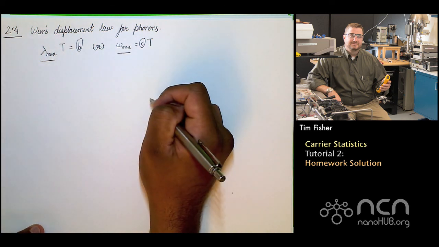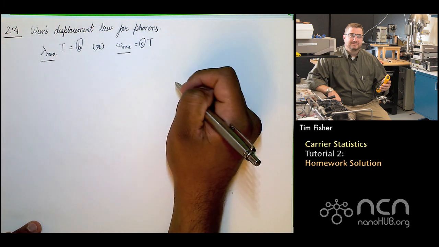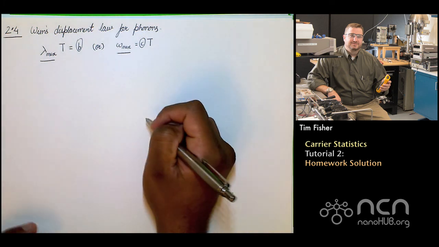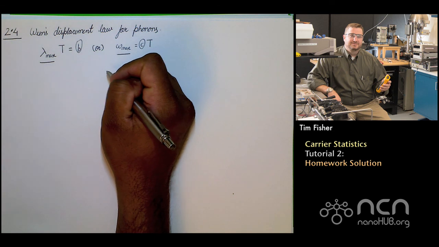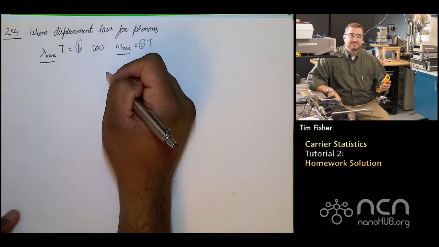So in this problem, we will show a similar type of relation for phonons under the Debye approximation. Now, we know that Debye approximation implies a linear dispersion relation with a constant group velocity.